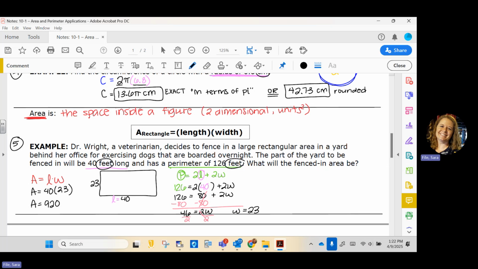Feet times feet is feet squared, just like x times x is x squared. So this is in feet. The abbreviation for feet is just ft squared. So the area of this fenced yard is 920 square feet, or feet squared.